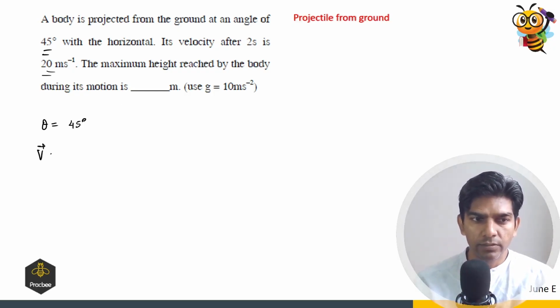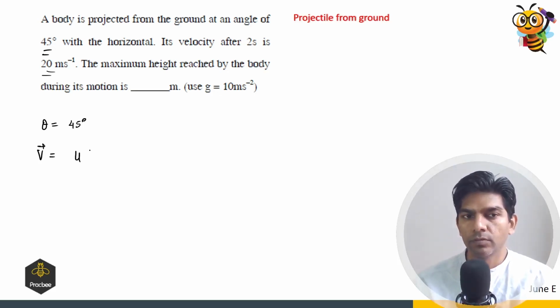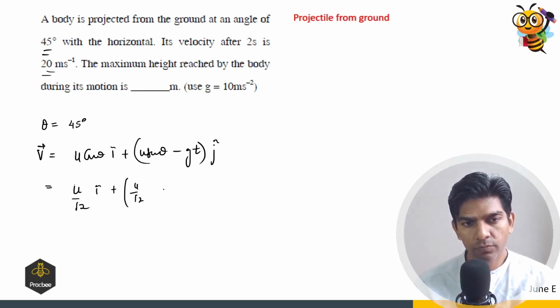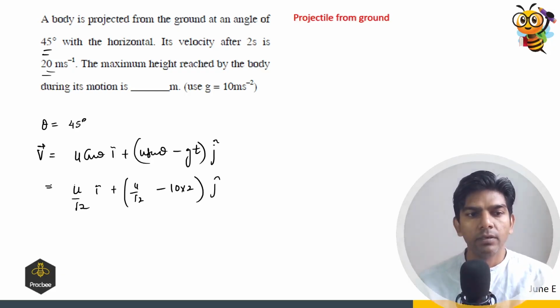So v is u cos theta i cap plus (u sin theta minus gt) j cap, right? So velocity is given as 20. So it will be u by root 2 i cap plus (u by root 2 minus 10 times 2) j cap.